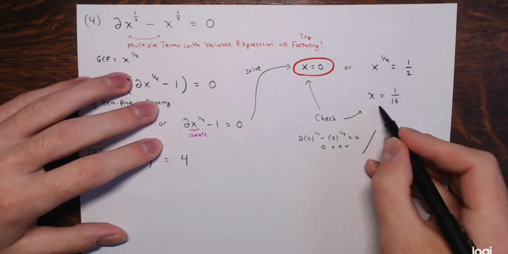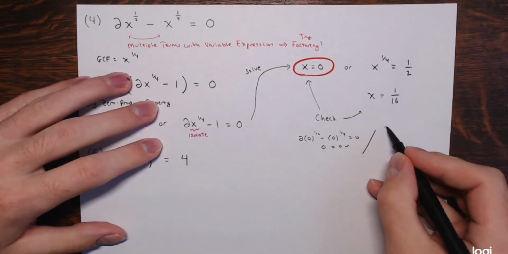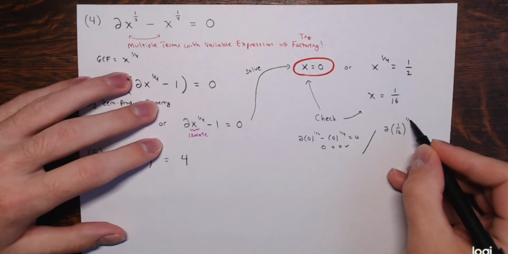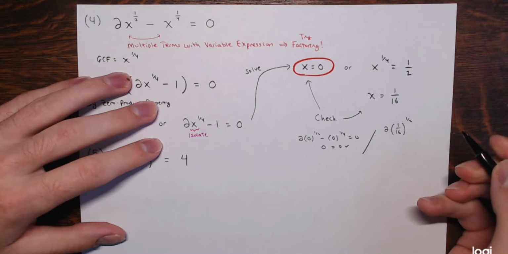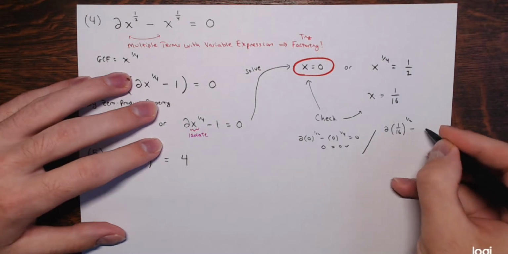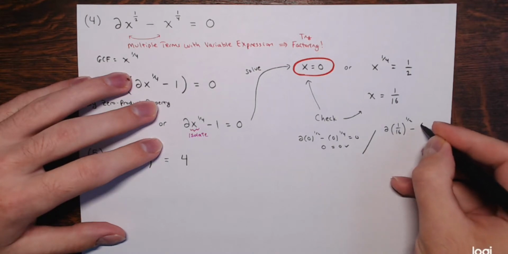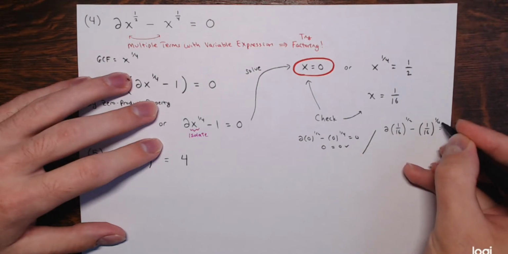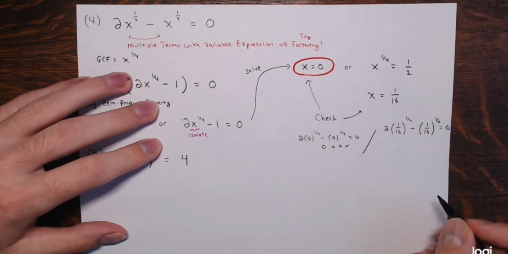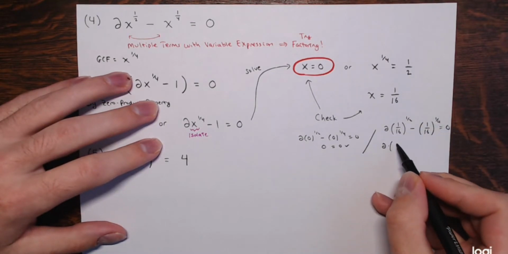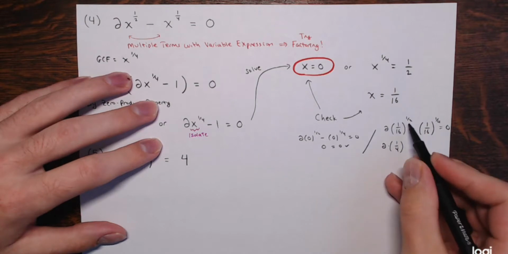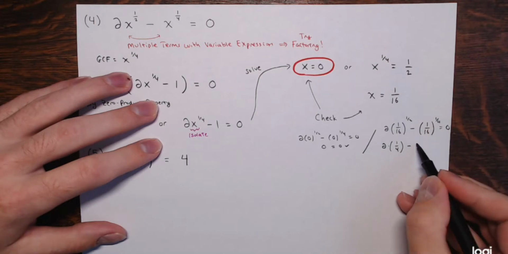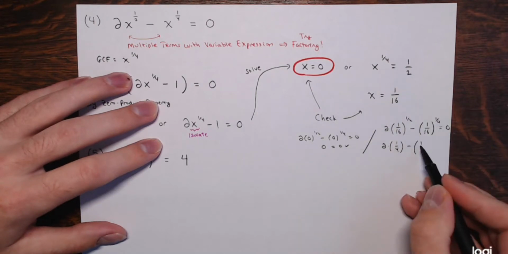And then when x equals 1/16, we'd have 2 times 1/16 to the 1/2, which is the principal square root of 1/16, minus 1/16 to the 1/4 power, right, which is like the principal 4th root of 1/16. So this would be 2 times 1/4, that's the principal square root of 1/16, minus the principal 4th root of 1/16, as we saw up here, would be just 1/2.